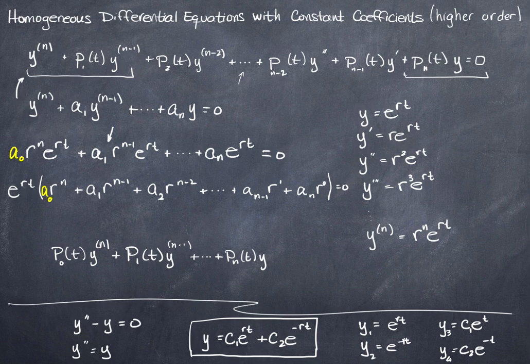Move that over here, equals, in this case, let's call it g of t, because that could be 0, it could be anything.